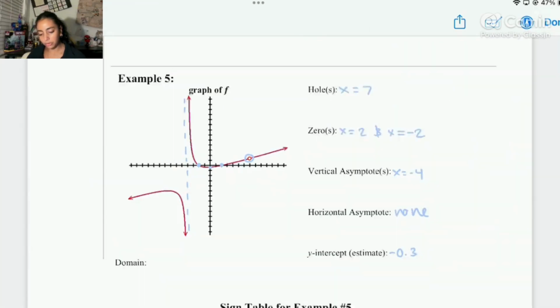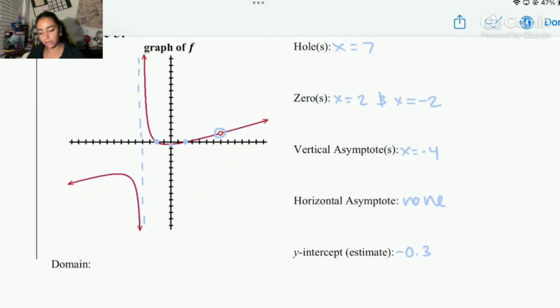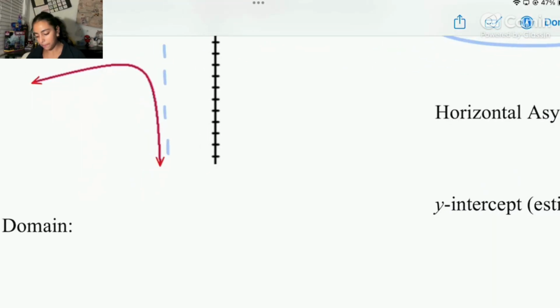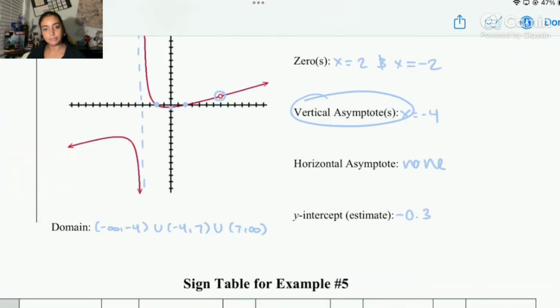And domain, you just make sure not to include your holes or your vertical asymptotes. So you're going to put negative infinity to negative 4, negative 4 to 7, and finally 7 to infinity. And that's it.